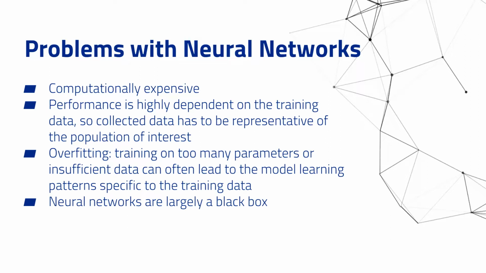This representative quality leads to another problem with neural networks: sometimes it can be too specific to the population that you are trying to fit, and we arrive at something called overfitting. That means we are training on too many parameters, or on insufficient data, which leads to the model being overly specific to the thing we are training.